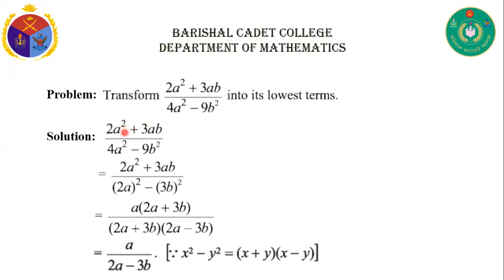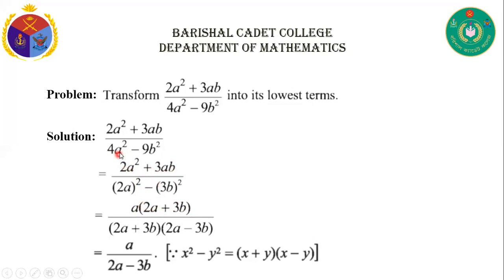In 2a square plus 3ab, we take a common from these two terms. If we take a, then 2a square gives 2a and 3ab gives 3b. So 2a square plus 3ab is a into 2a plus 3b.